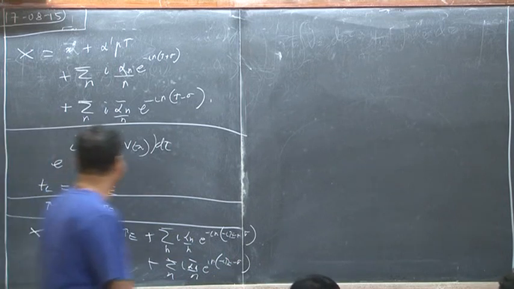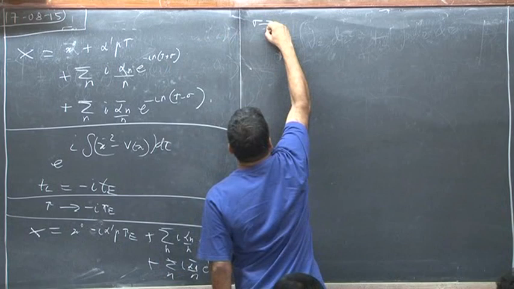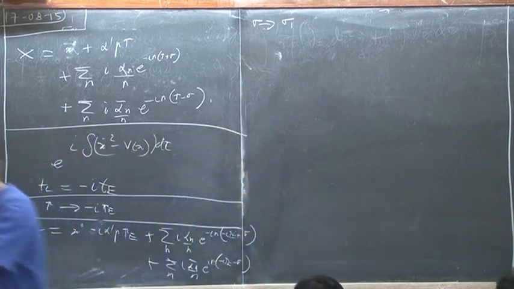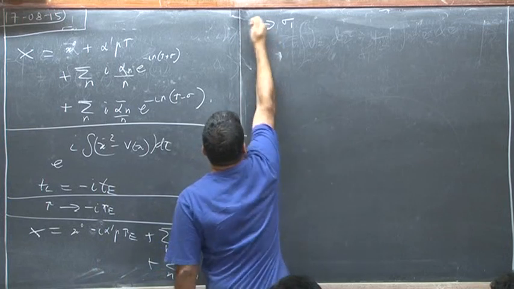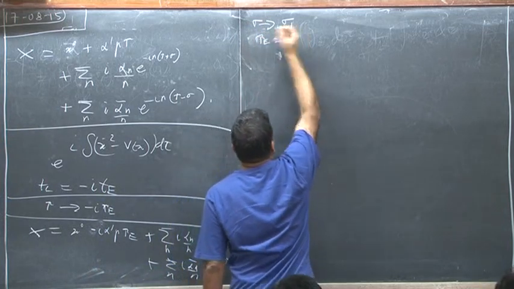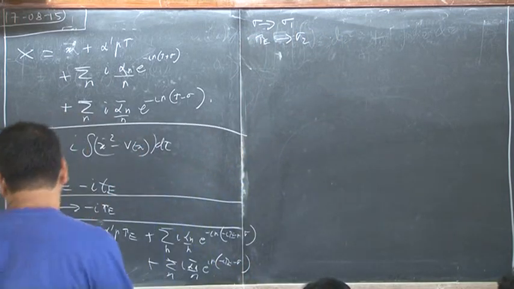Now we're going to do some renaming. We will call sigma sigma 1, and tau Euclidean is equal to sigma 2.